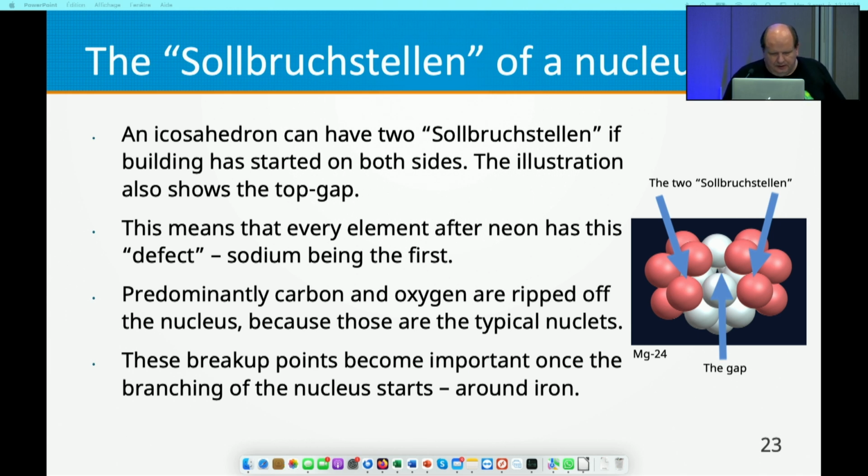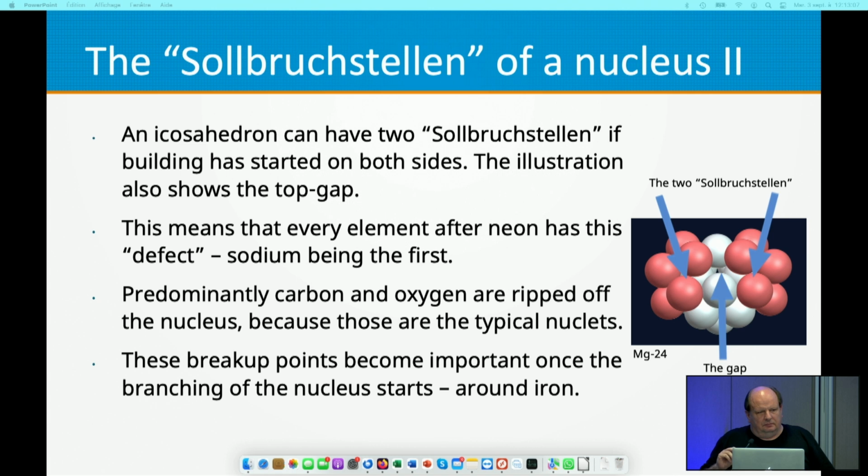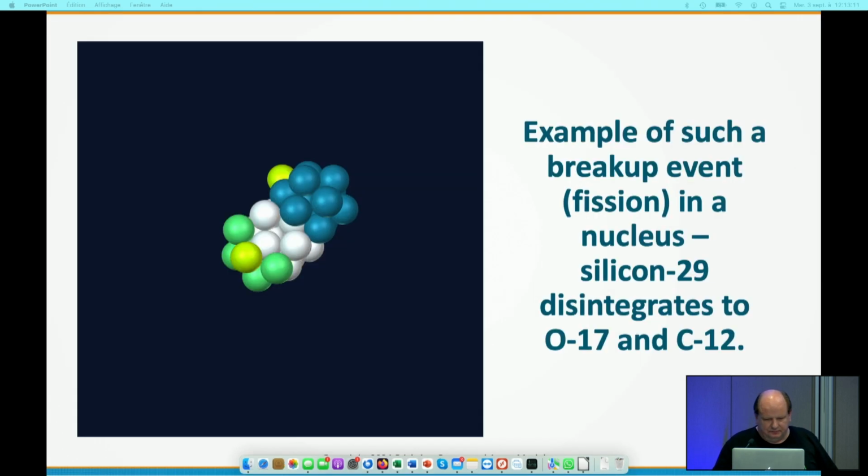Okay, so if the nucleus grows, once it starts to have branches, which is around iron, nickel, those breakup points will become important. This is a small example, easy one. I don't think this will happen actually, but it's just to show what is going on.